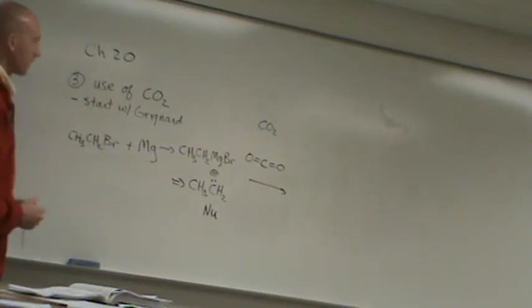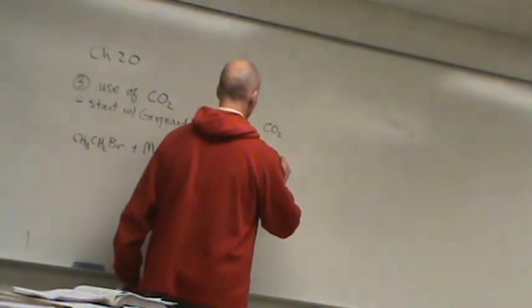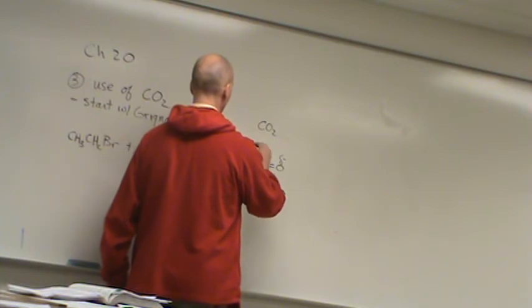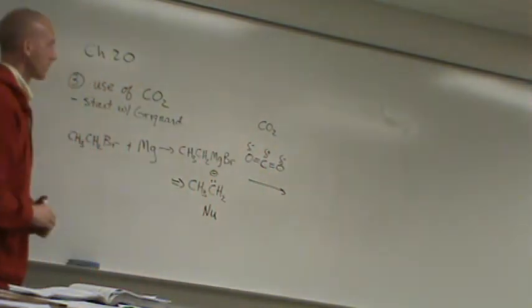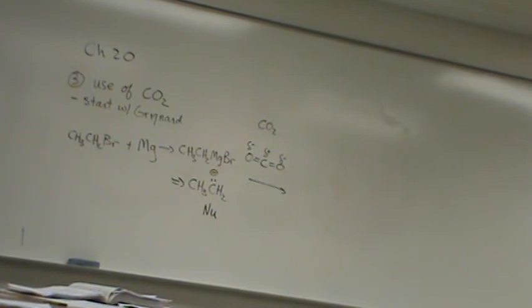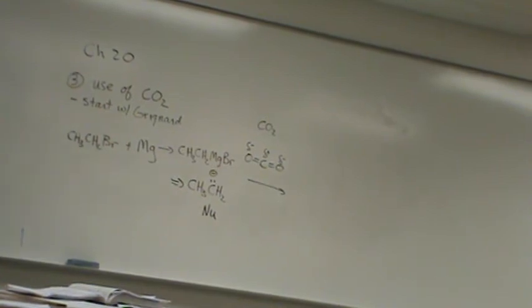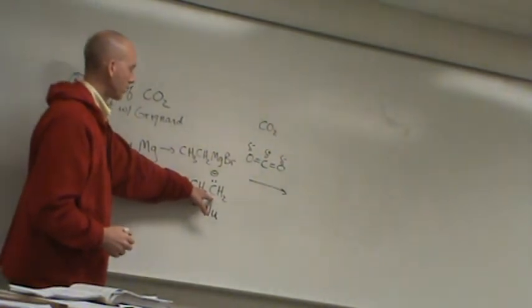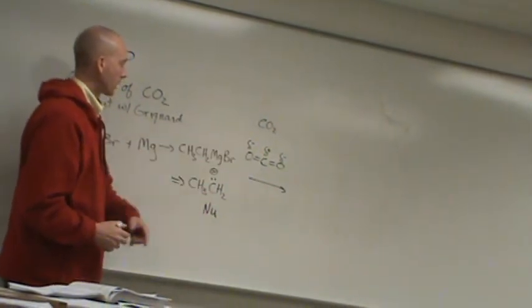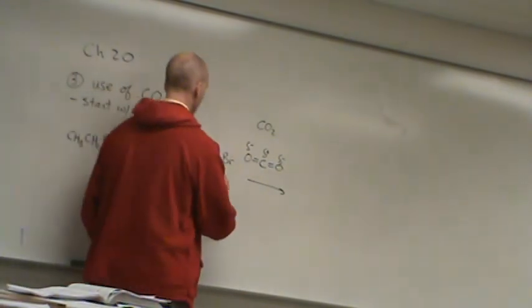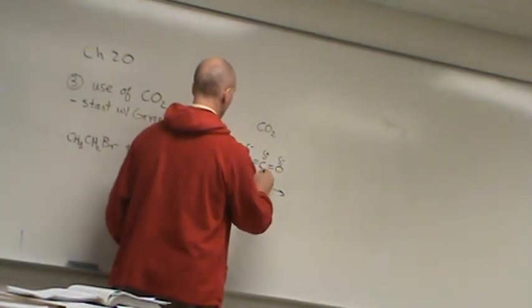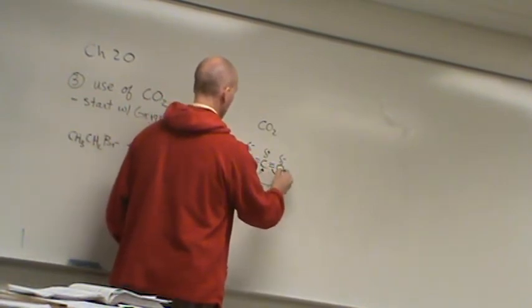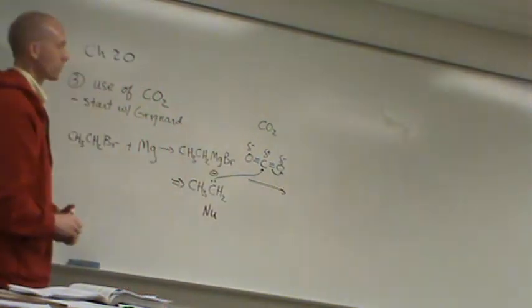If you look at the polarity of it, you would have a partial positive here and negatives on the oxygens. So where do you think this Grignard is going to attack? Which atom? The carbon, because it has the positive. Then either one of these pi bonds can go to the oxygen. We'll just choose the right side there.